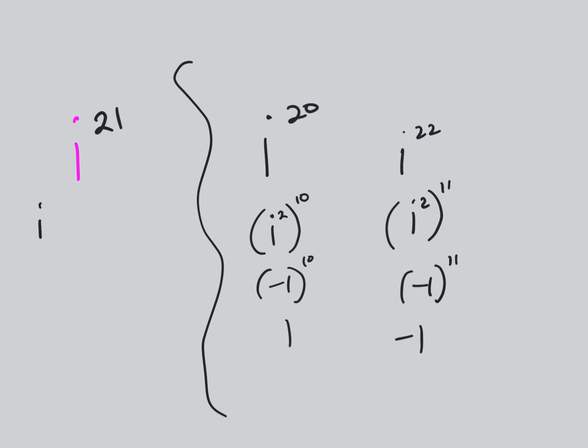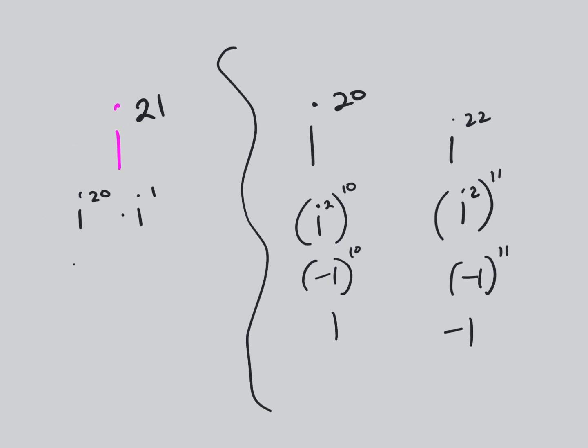So I would make this i to the 20th times i to the first. And now i to the 20th we know becomes i squared to the 10th times i. i squared was negative 1, and negative 1 to an even power is a positive 1, times i, which is just i.